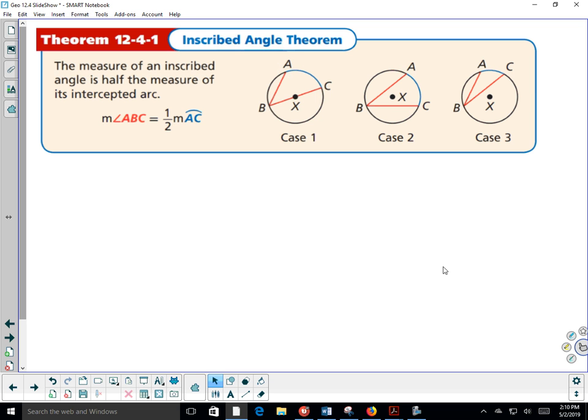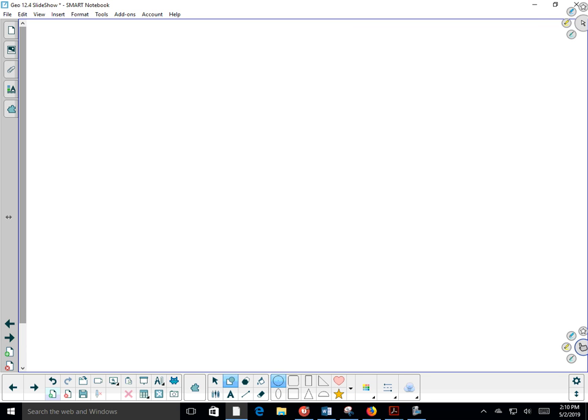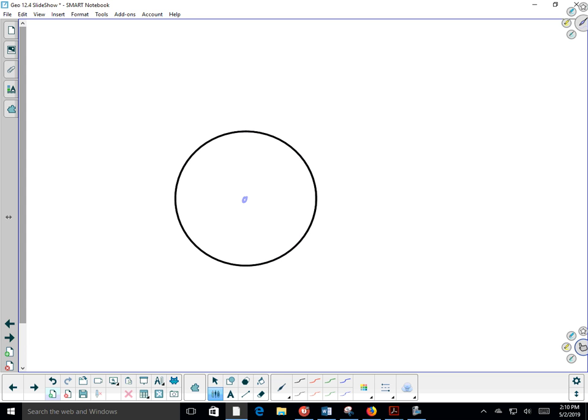All right. So in this case, I want to compare this to the whole idea of central angles. Let's say I have this angle here that measures 80 degrees. So then what would be the measure of this arc? 80, right?